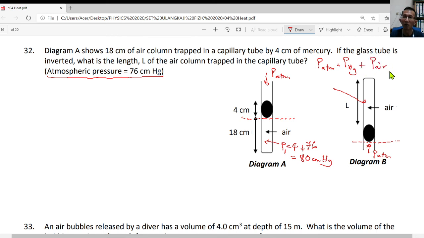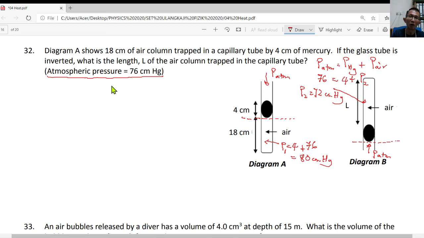They must be the same, otherwise this mercury will be going up or going down. So P atm, 76, equals 4 plus P of the air. So now I call this P2. So my P2 is 72 centimeter mercury. So far are you with me?